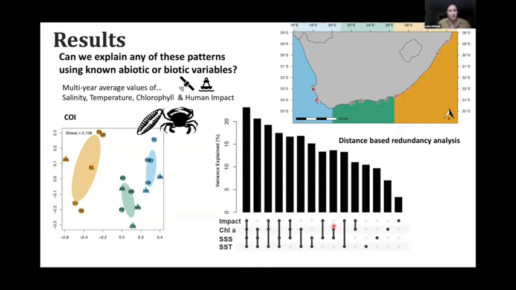I then performed a distance-based redundancy analysis, which is an analysis where you take the dissimilarities from your eDNA data and try to explain that variation using a number of variables. In this case, the variables are just explained. Each of these columns here represents a model that I've generated using a number of these variables.